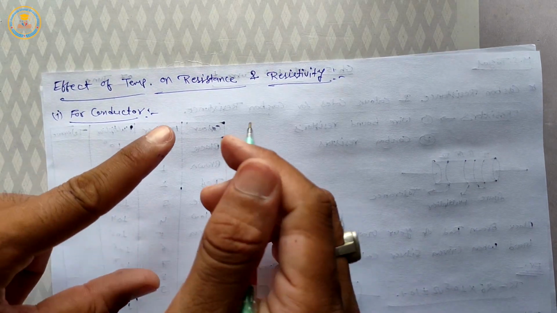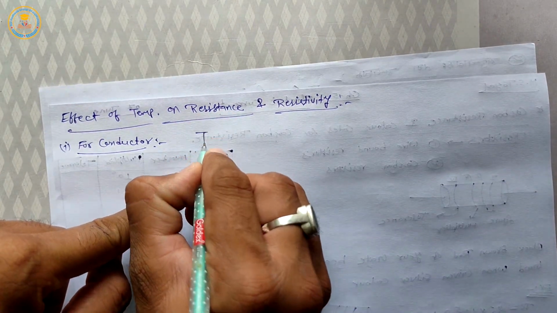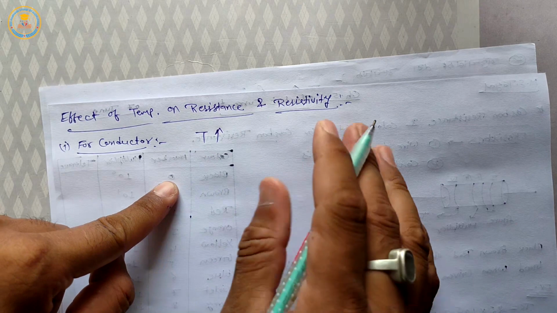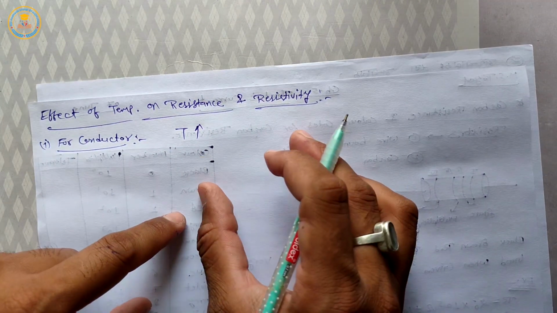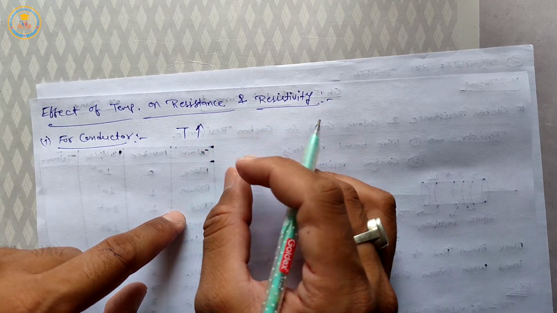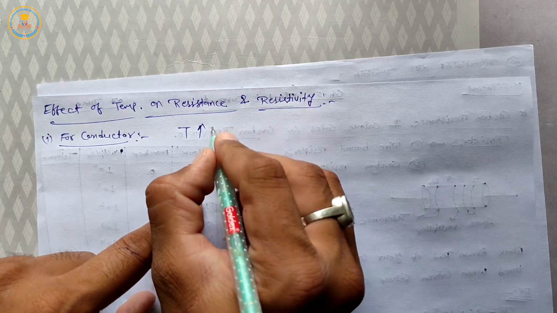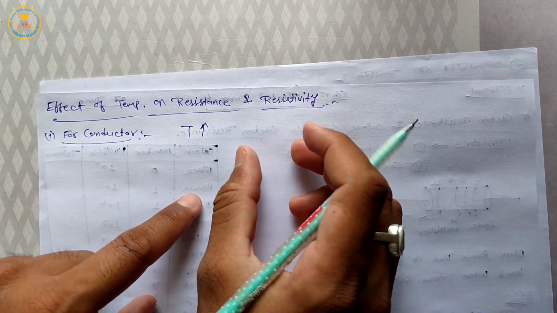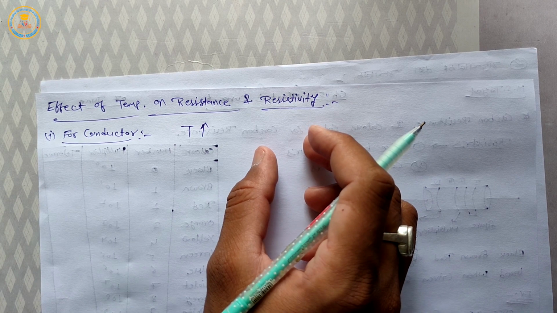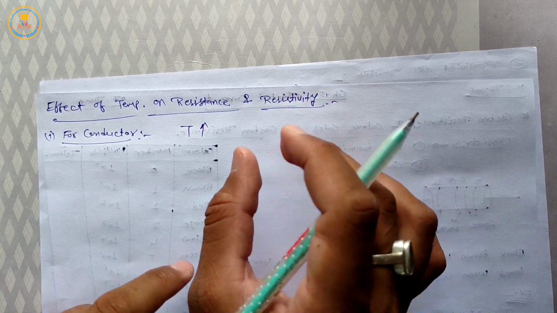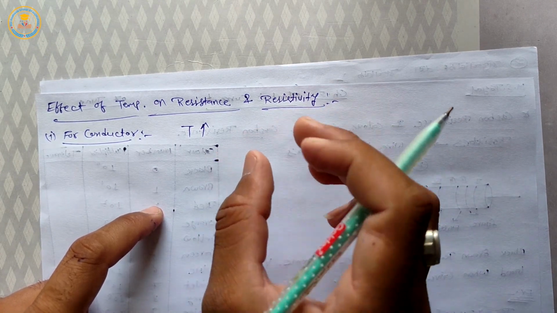When we increase the temperature, the velocity of free electrons in the conductor will increase. In this situation, the time taken to travel the distance between two consecutive collisions, which is denoted by relaxation time, decreases.